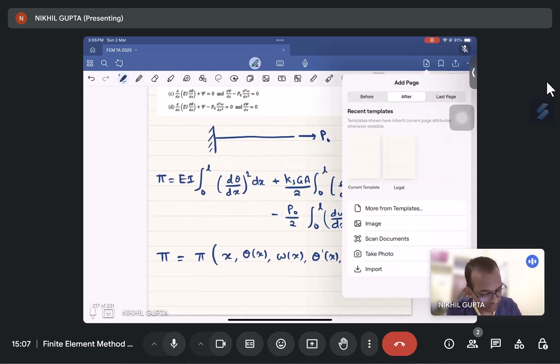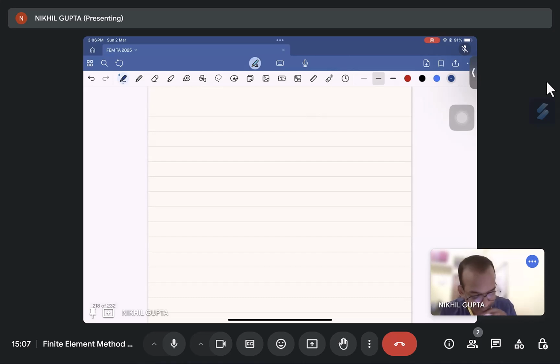Now we have to apply the variational principle. So we put delta 1 of pi, and that will be del pi by del theta minus d by dx of del pi by del theta dash, which will be equal to 0.